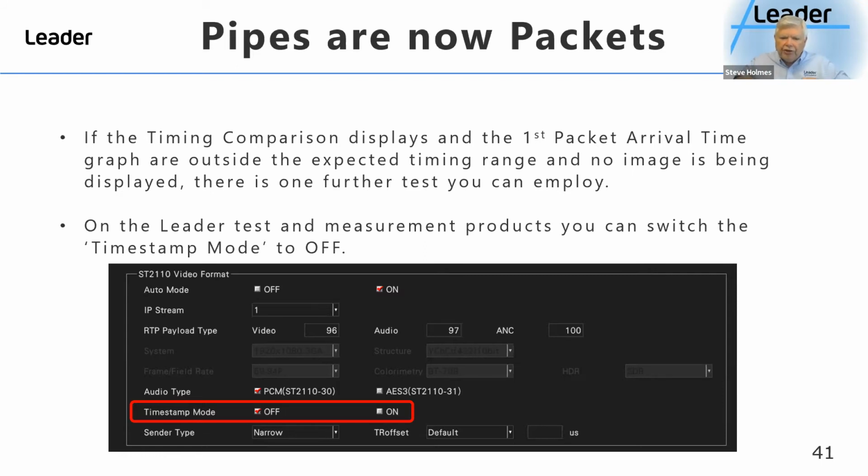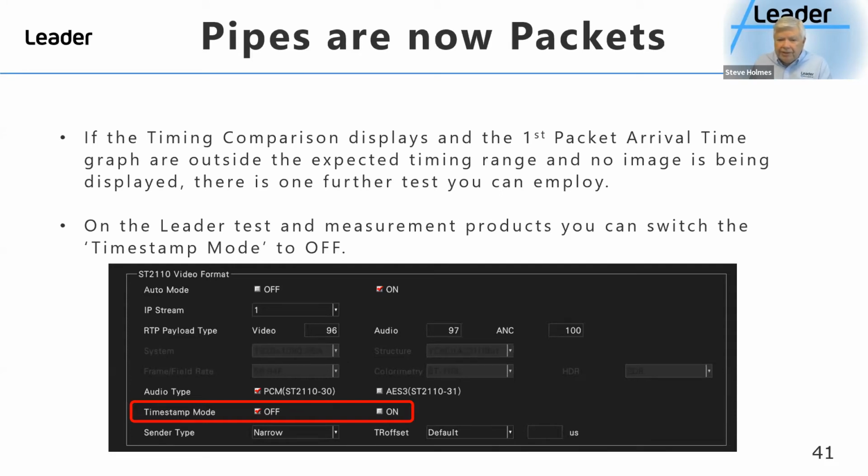So on timing issues, they generally don't have any issue building a picture and putting it up on the screen. But when you get to something that needs to process the video, because now it needs to put the video together with the audio and with the ANC data, they look at PTP.